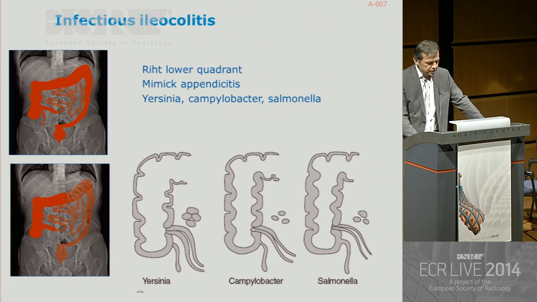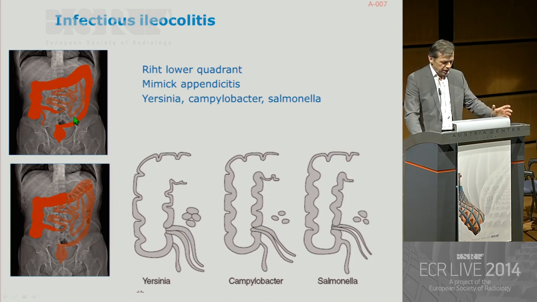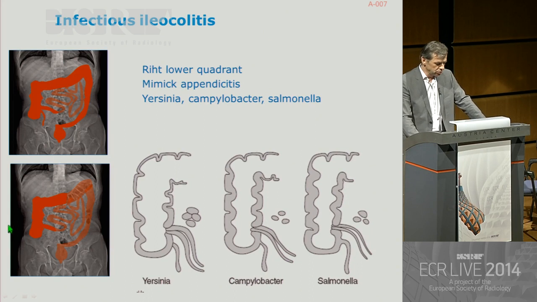Other ileocolitis can range from pancolitis to localized right ileocolitis. The greater the involvement, the more there is a pancolitis with associated ileitis. Generally, it's common bacteria or virus.